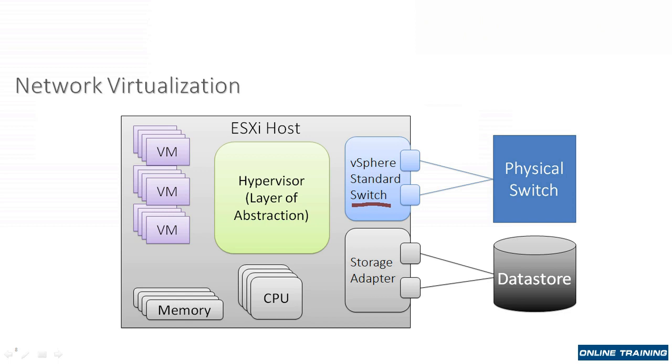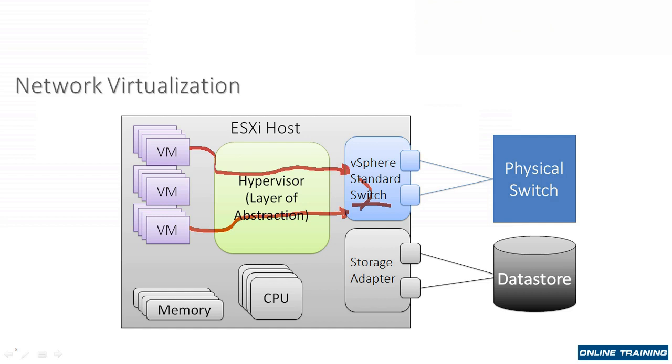We'll take a closer look at that later in this course, but essentially what I'm going to do is establish a virtual connection from this VM to a port on a vSphere standard switch. And by the way, my VMs that are running on this host can all communicate via that vSphere standard switch. They can talk to each other. They can communicate without their traffic ever even leaving the ESXi host.